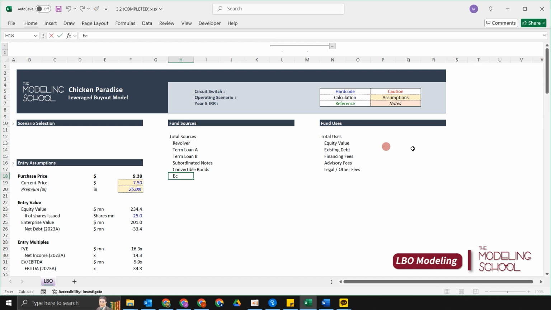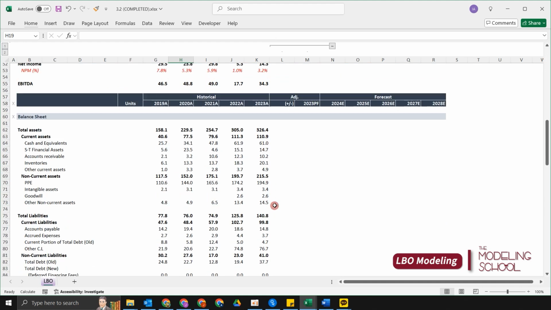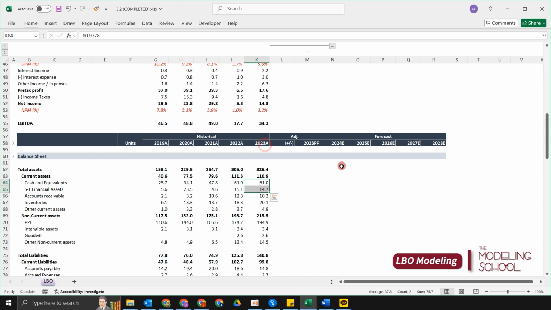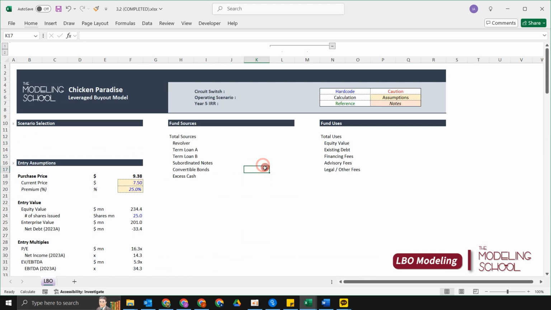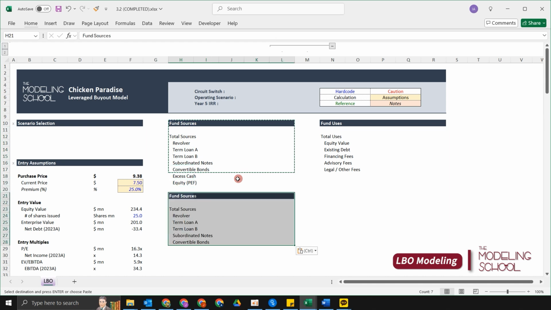We also have excess cash. The company has around 75 million excess cash, so we're going to utilize that for this deal as well. And lastly, the equity. The equity contribution that the private equity contributes. And then we're going to copy these across. We're going to leave excess cash and equity out. We're going to paste them.